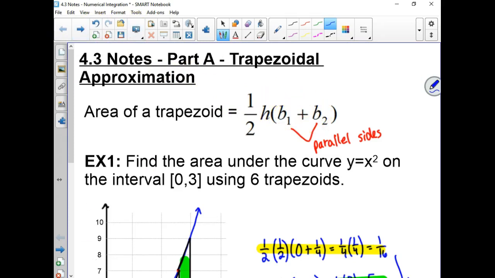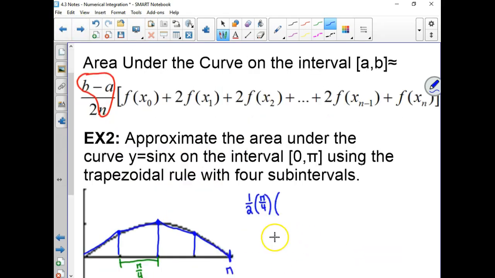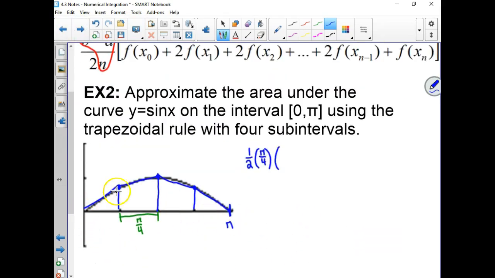So what I'm going to do there is I would have the y coordinates for all of these, and the first one, which would be sine of 0, is only going to be there once. But I will have sine of pi over 4 twice.